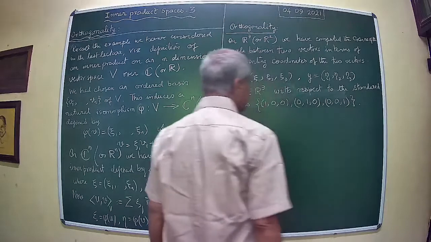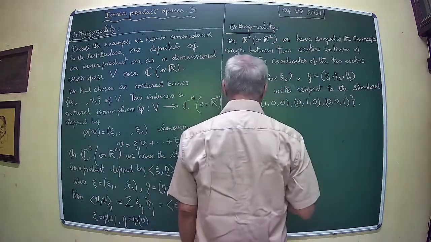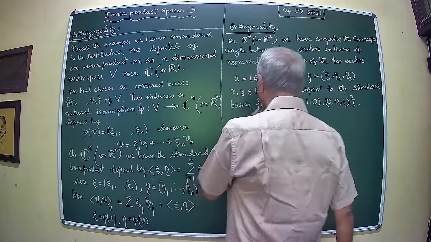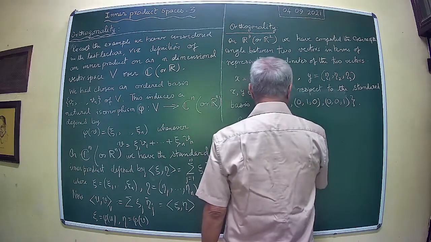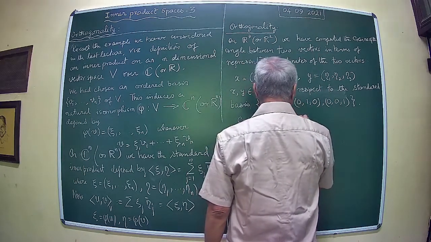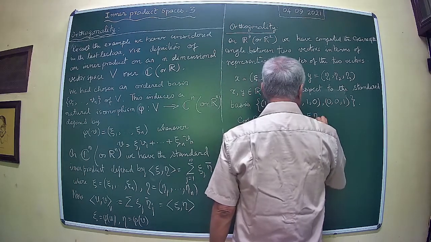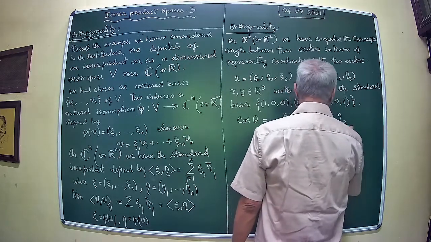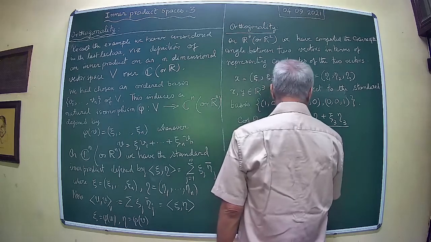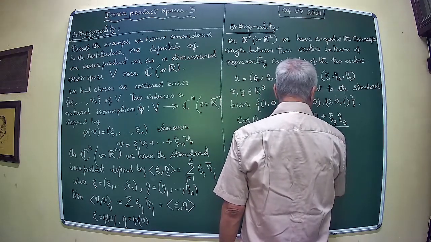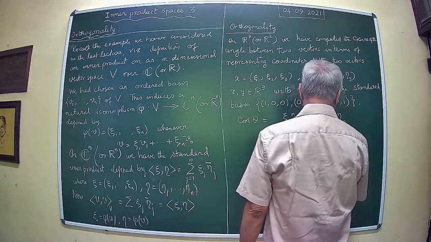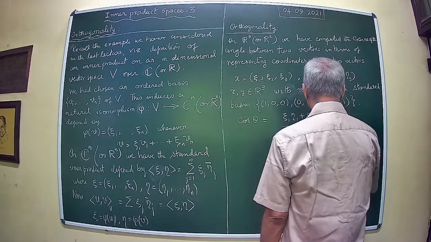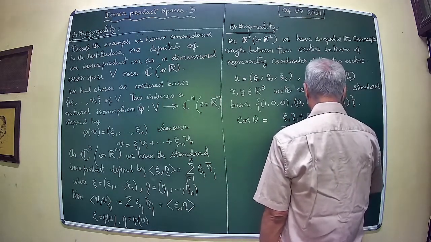Then what do you have? Then we have seen that cos theta equal to half.